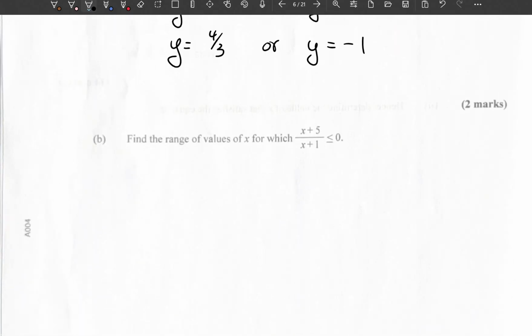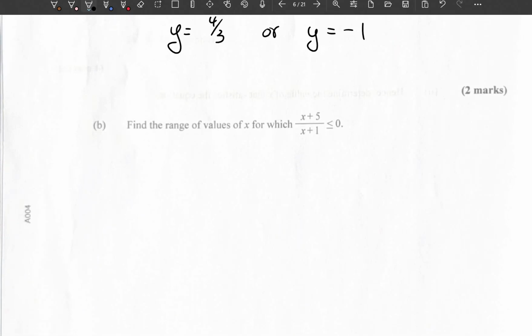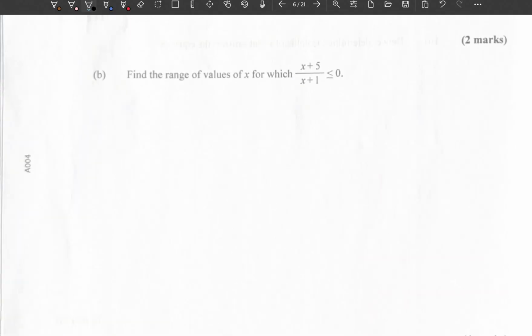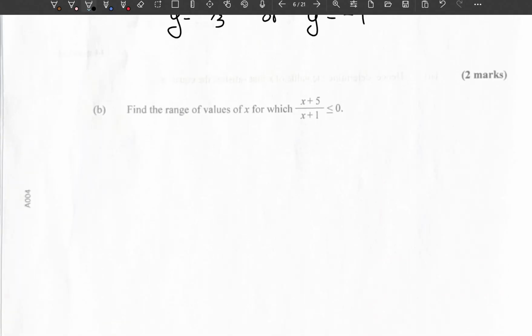So part B wants us to find the range of values of x for which this is the case. So let's get about to doing this. Now there should be an indicated condition here. They should have indicated that x cannot be equal to, and what would that value be?